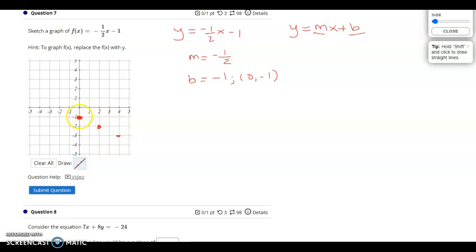We could even do the opposite, go up 1, but then we have to go left 2. So notice when I draw this line, it's got to be a negative slope because my slope's negative, so it's got to be going in a negative direction, which it is. So again, we found our slope first, found our y-intercept. When we graph it, we do y-intercept first and then use slope to find the next points.